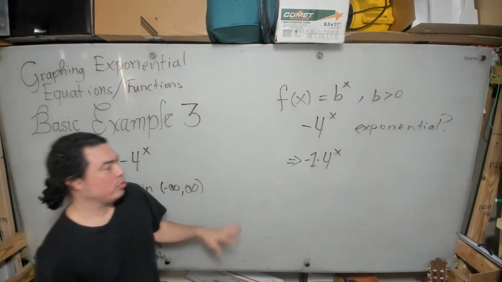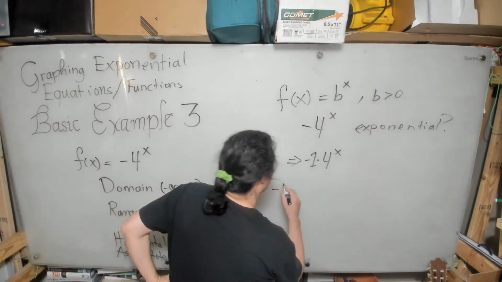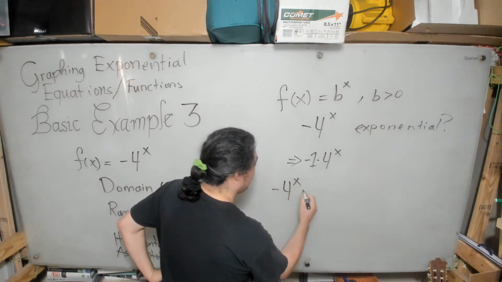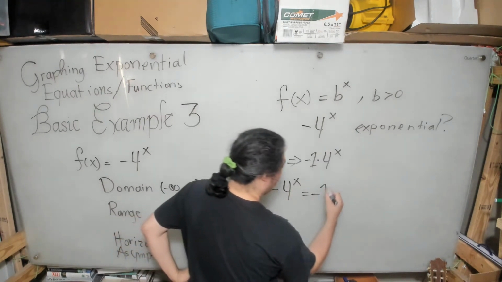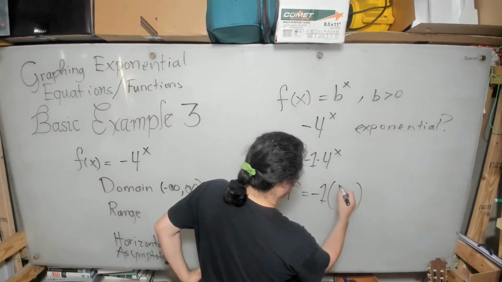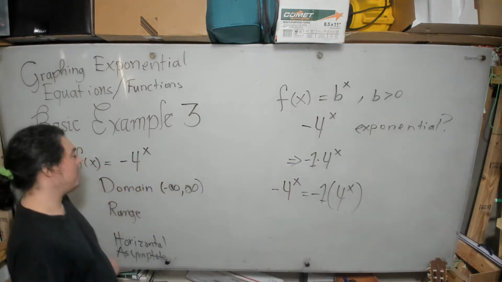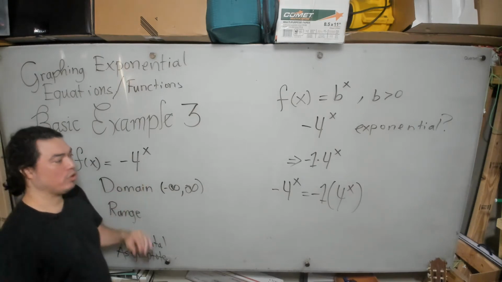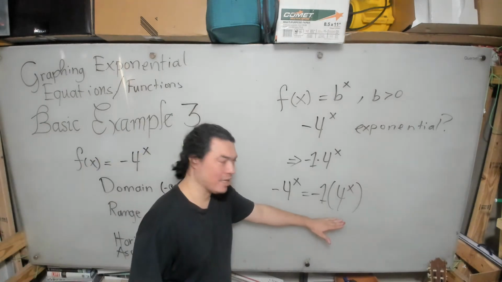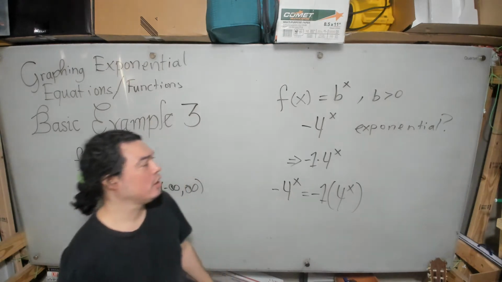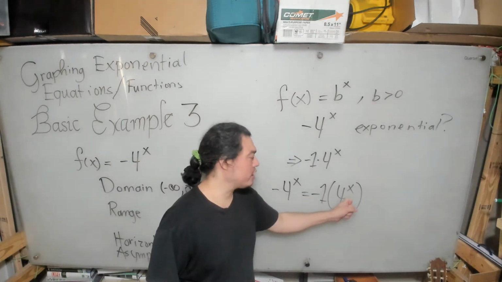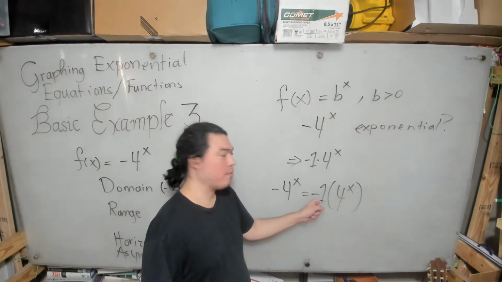So this expression, in other words, negative 4 raised to the x power, is the same thing as negative 1 times 4 to the x power. But you usually won't see it written like that. You'll see it written like this, and I want you to know that that is the same thing as this by the order of operations, because the 4 will be raised to the exponent first, long before it's multiplied by the negative 1.